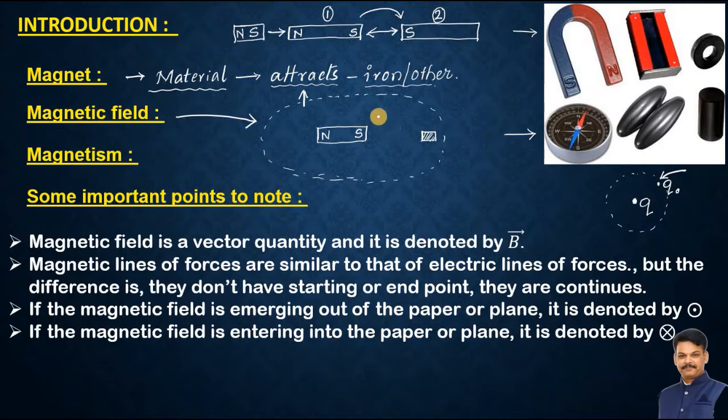That exertion of force from the magnet on that particular material itself indicates the presence of the magnetic field around that magnet.